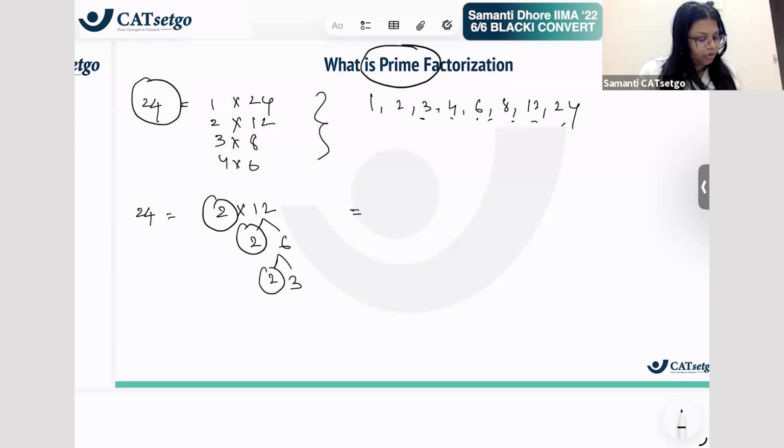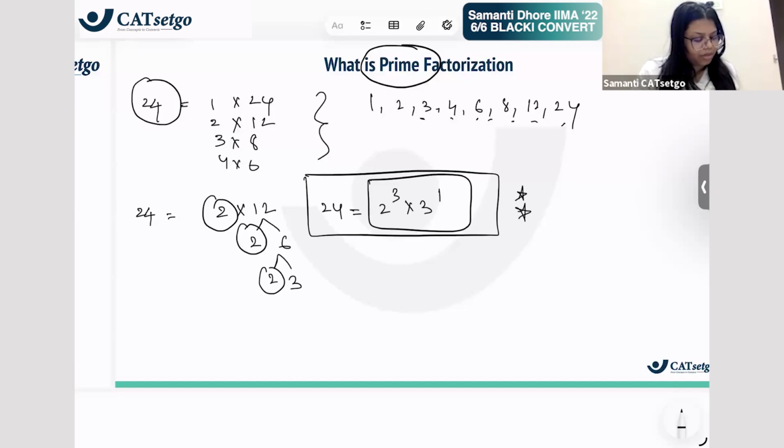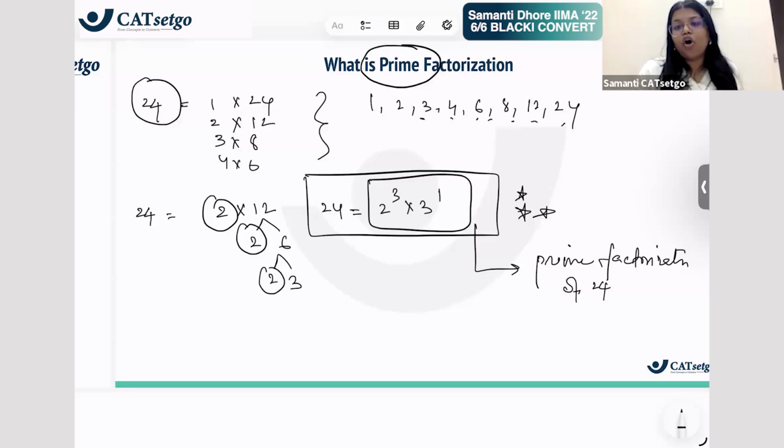This is basically 2 into 2 into 2, that is 2 cube into 3 raised to 1. So I can represent my number 24 as 2 cube into 3 raised to 1. 2 is a prime number, 3 is a prime number. I am able to write number 24 as a multiple of powers of 2 and 3. So this is the prime factorization of 24. Fair?